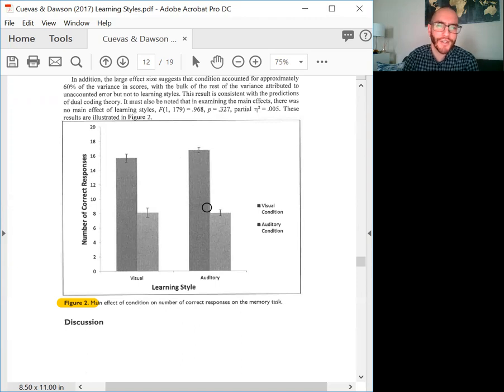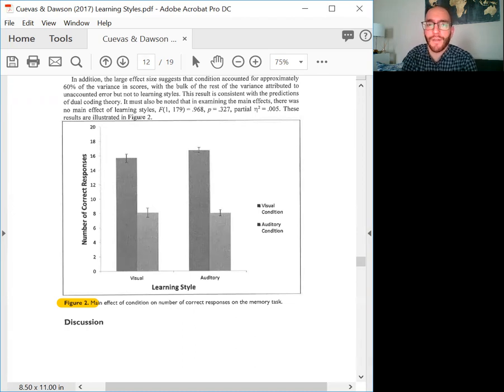These darker bars here represent information that was presented in visual ways, while these bars here represent a condition for which information was presented by auditory means. So these are the two different types of instruction that were delivered as part of this study.